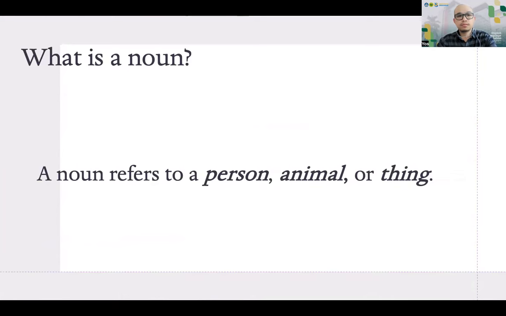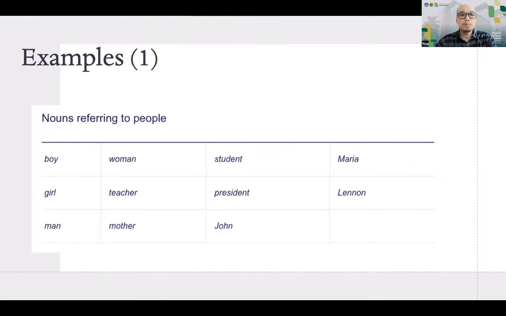What is a noun? A noun basically refers to a person, animal, or thing. The words that refer to a person, animal, or thing. For example, boy, girl, man, woman, teacher, mother, student, president, John, Maria, and Lennon are nouns referring to people.